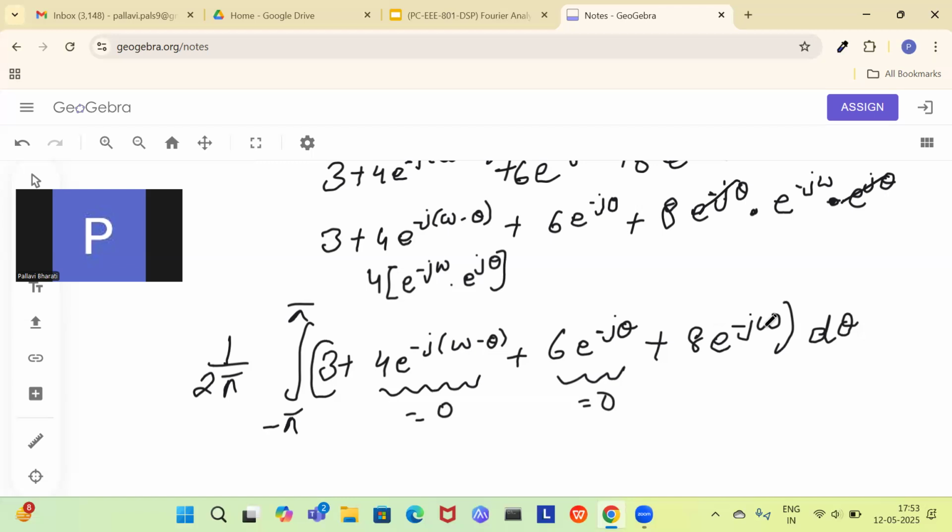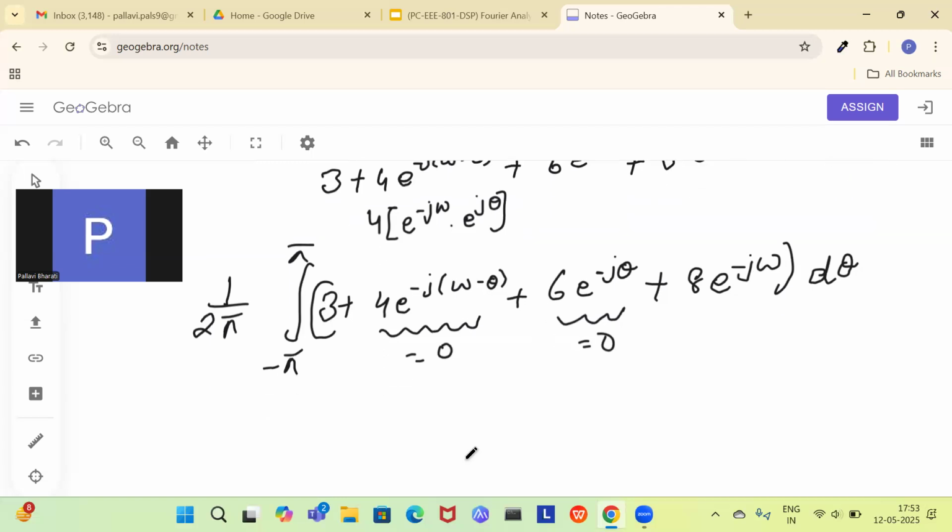And here it is integrable with respect to theta, not with respect to omega, so this one will remain. Now this is like a constant, and this 3 is also a constant, but you are integrating with respect to d theta.